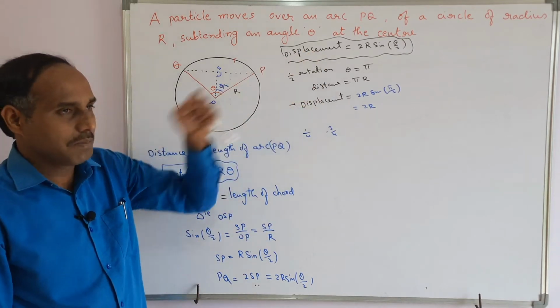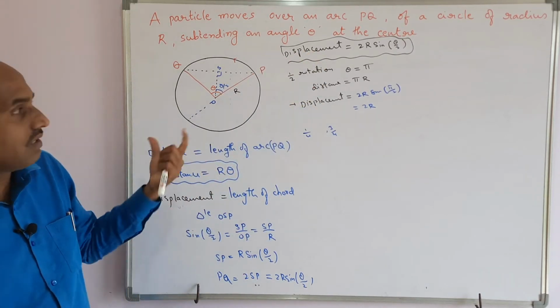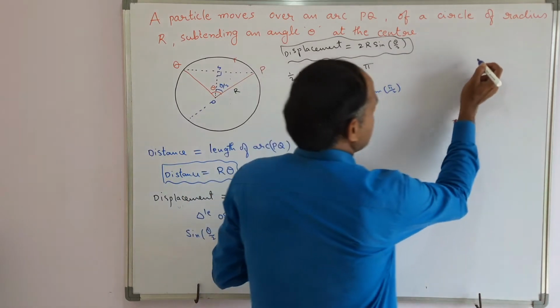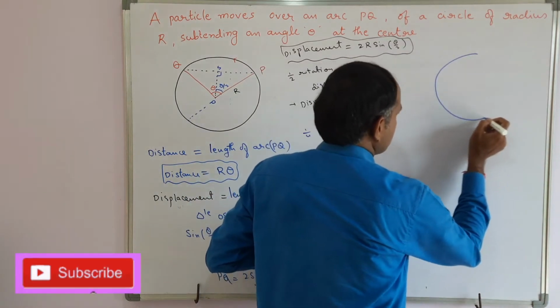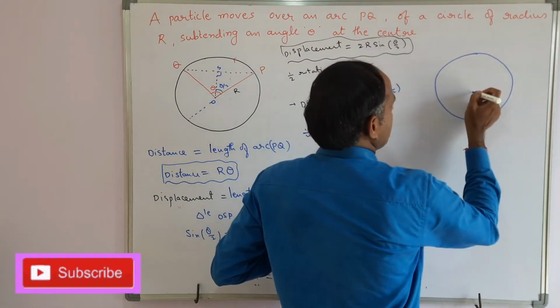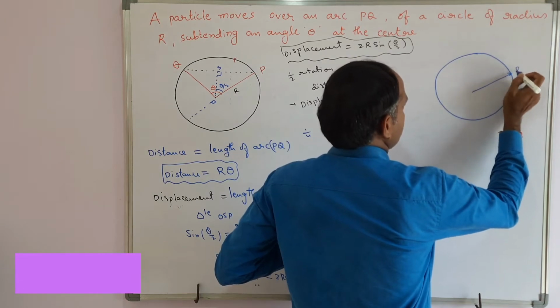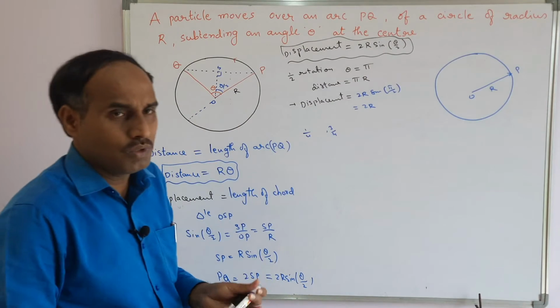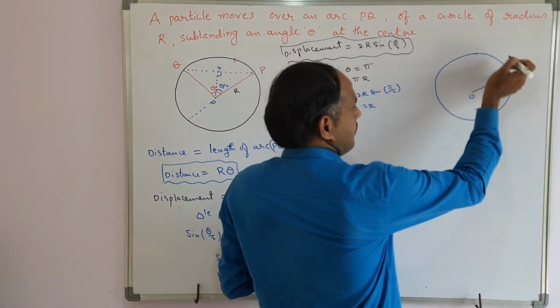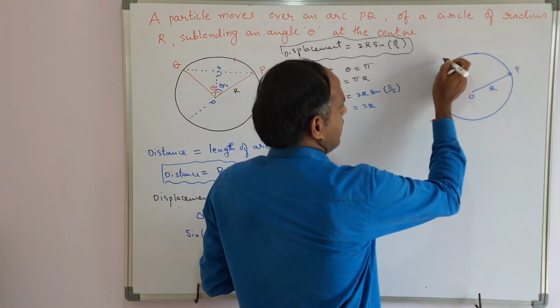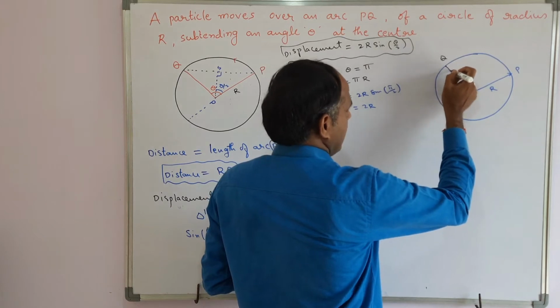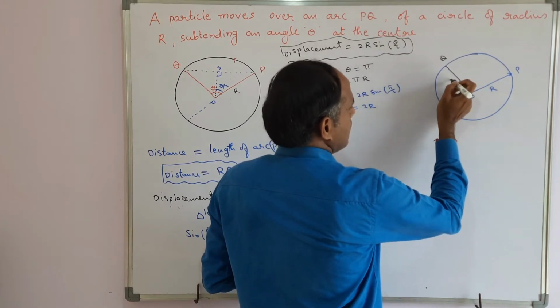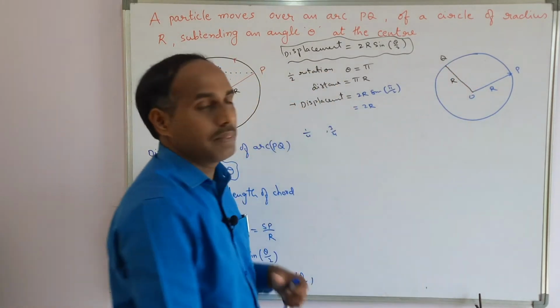Otherwise the same displacement can also be found by using vector notation. See here in this circular diagram, this is the initial point of the particle from the origin, let it be r, and it moves along the circumference of the circle and reaches point Q, so that the line joining these two is again the radius only.